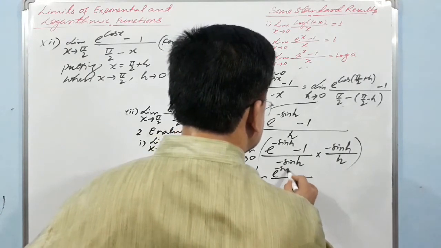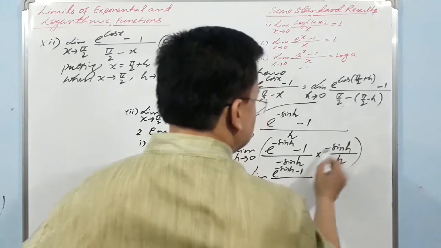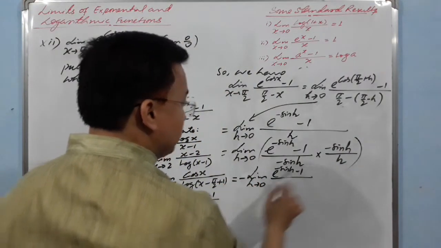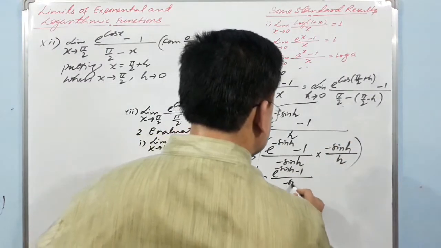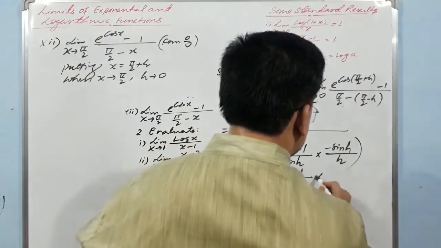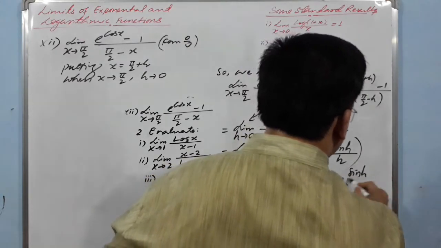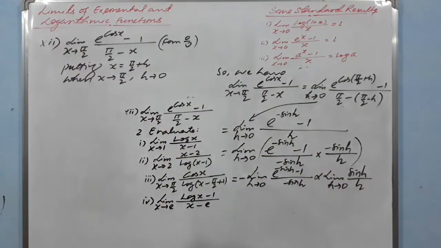E raised to power minus sin h minus 1 over minus sin h, into limit as h tends to 0 of sin h by h.